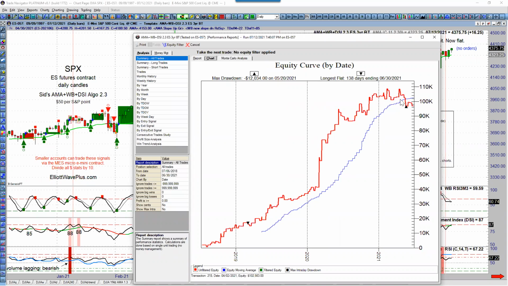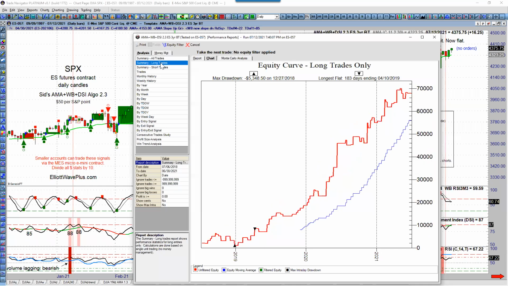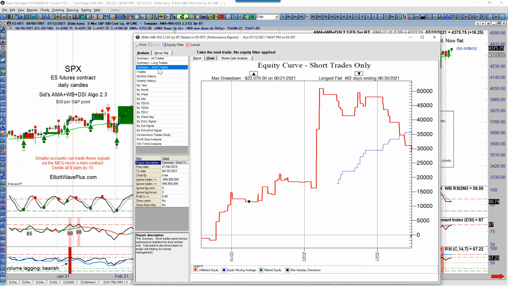And this is why, when you can look at these equity curves, I would have to say, if I were going to decide between trading the ES contract and the YM contract based on this, I would trade that YM. It has the better equity curve. Now there's the equity curve taking long trades only, and there's the equity curve taking short trades.